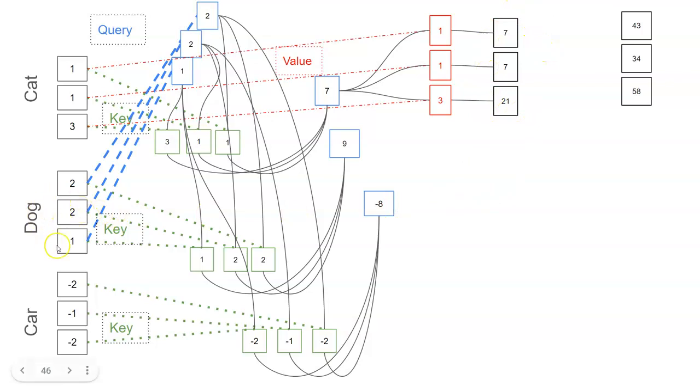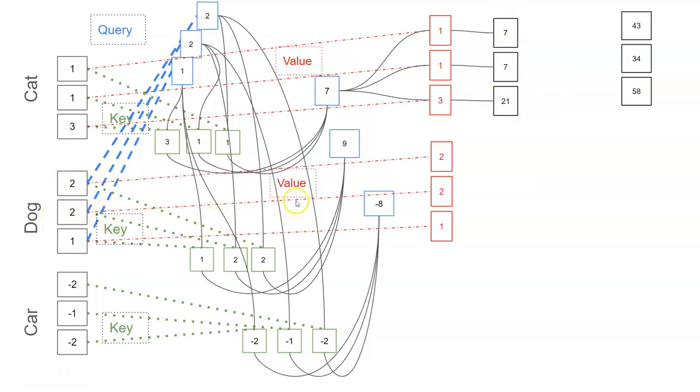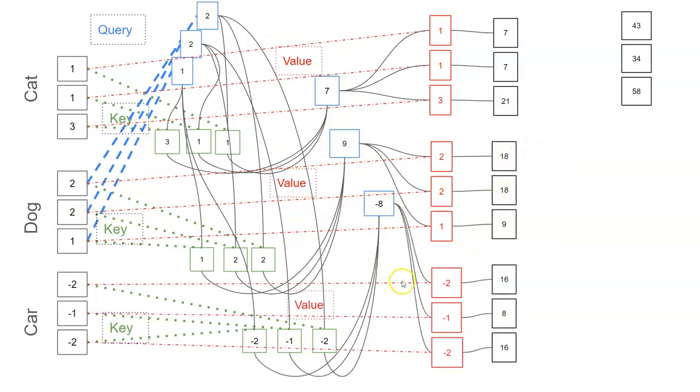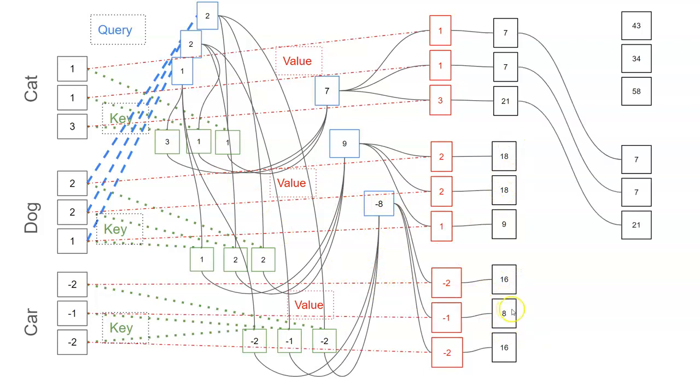Remember, it's the dog's meaning of the cat value here. And here we have the dog meaning as 9 points to itself, and at last we get the dog's meaning of the car. Okay, and then we sum them up. 7 plus 18 here is 25, and 16 is 41.